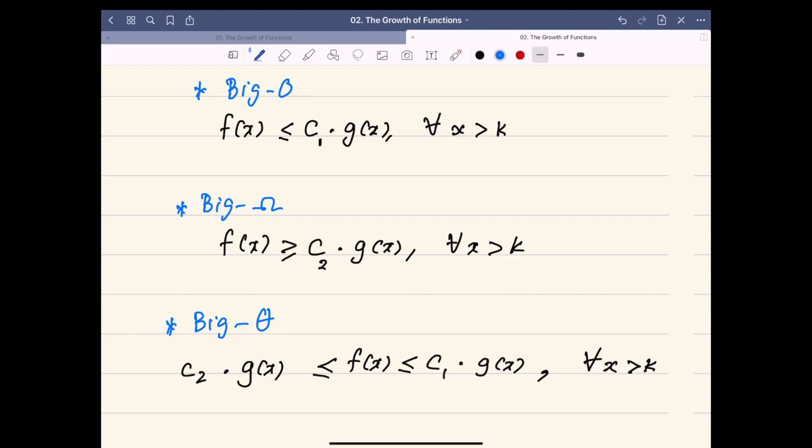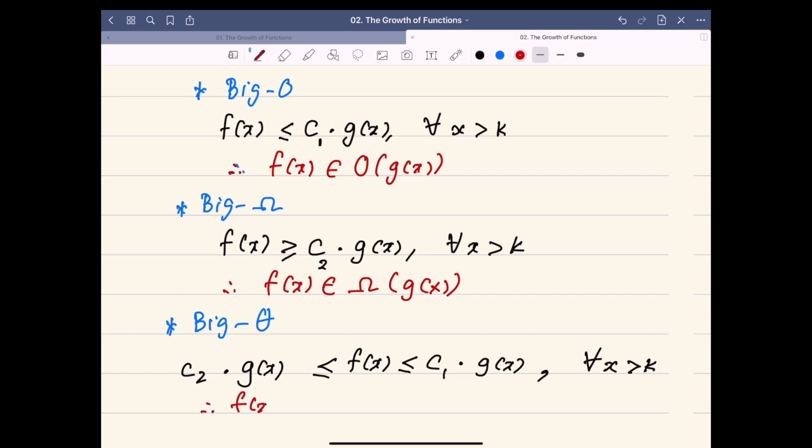Here is how we write the relationship: f of x belongs to O of g of x. And here we write f of x belongs to omega of g of x. And here we write f of x belongs to big theta of g of x.